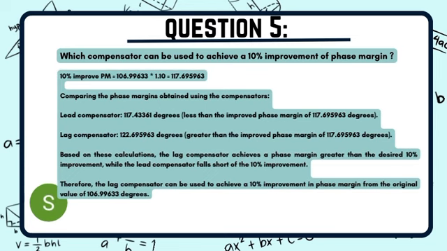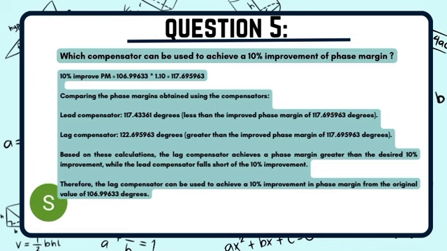For question 5, which compensator can be used to achieve a 10% improvement of phase margin? The 10% improvement phase margin is equal to 117.695963. Comparing the phase margins obtained using the compensators, the lead compensator gives 117.43361 degrees, which is less than the improved phase margin of 117.695963 degrees.